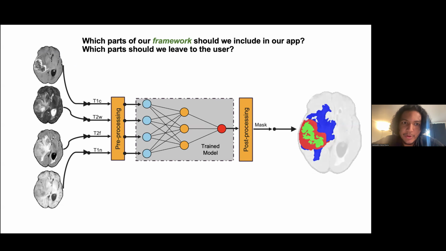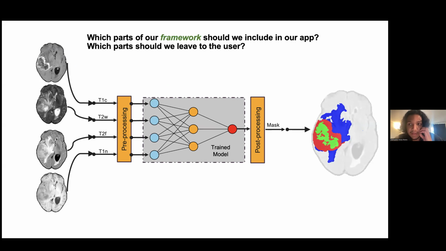So which parts should we include in our app, and which parts should we leave to the user to do? Okay, in the chat, somebody said input and output. Great.